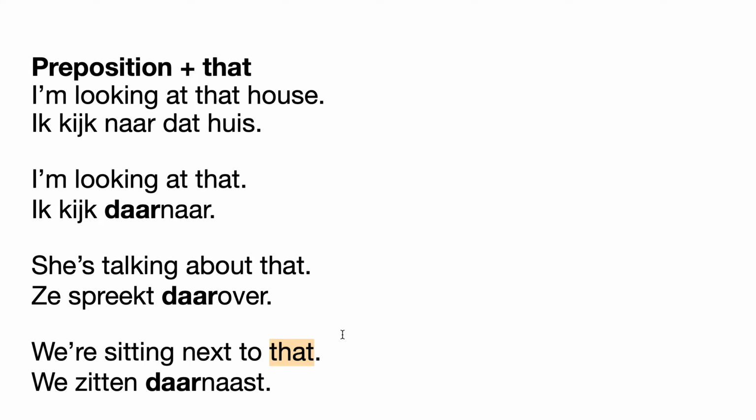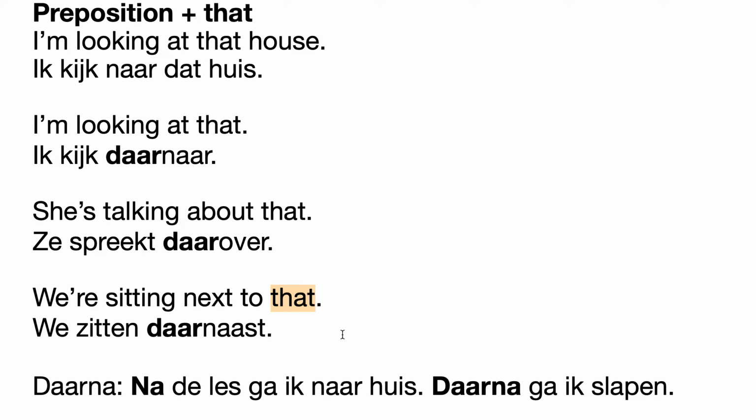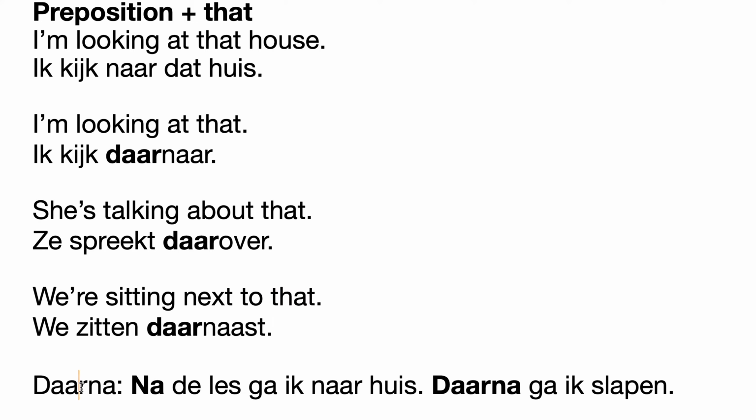And maybe you've already seen this kind of thing. Maybe you know daarna, and you struggle to understand what daarna actually meant. For example, in this phrase, na de les ga ik naar huis, daarna ga ik slapen. After the lesson, I'm going home, and after, I'm going to sleep.